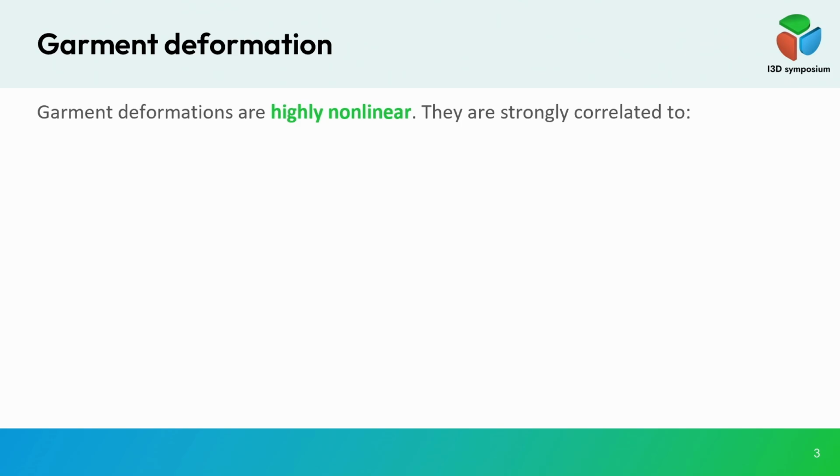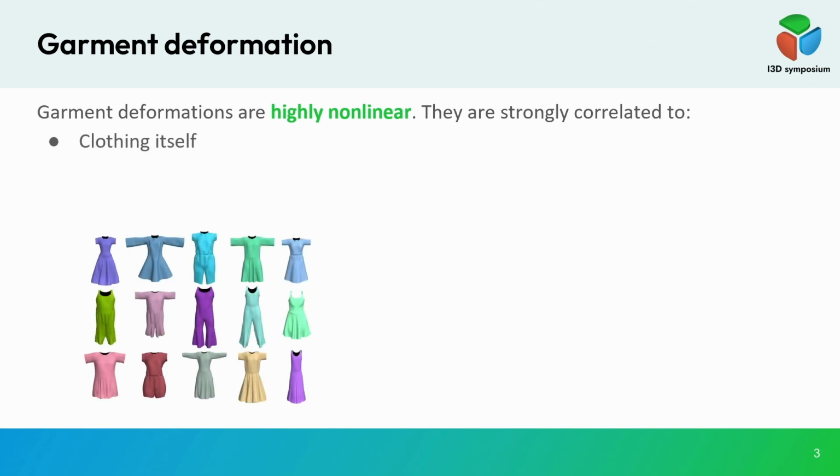And considering the importance of realistic garment simulation, it is crucial to recognize that garment deformations are highly nonlinear. The complexity comes from various factors. First, the type of garment significantly affects how it changes shape in animation. For example, a jumpsuit and a dress each behave differently.